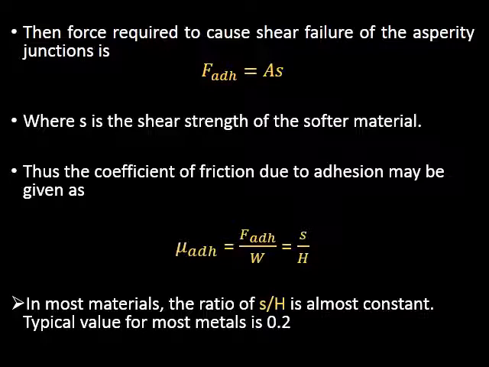For most of the materials, this ratio S by H is almost constant, and this theory predicts a value of coefficient of friction mu as 0.2.